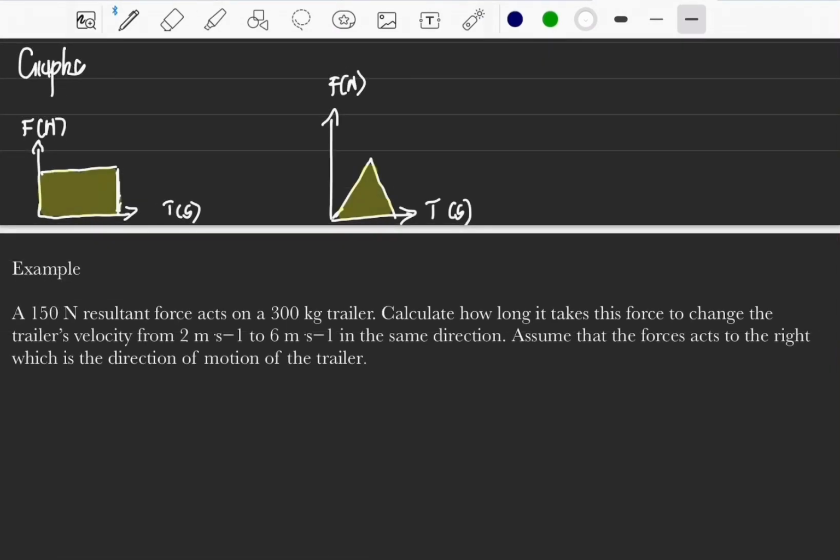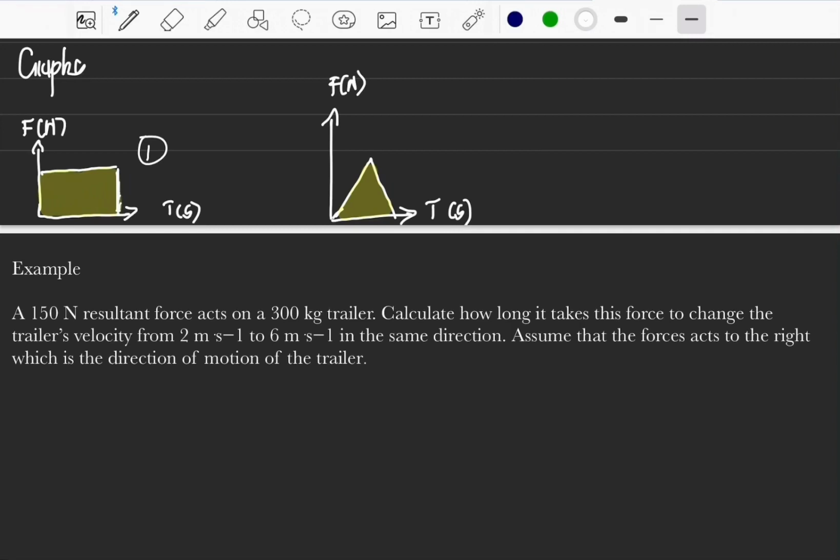So the other thing that you need to familiarize yourself with that is important is graphs. With graphs, basically what you have to do, like in this first graph, you can see that there's a rectangular shape below the graph. So what you need to do is calculate the area below the graph in order to find the impulse.